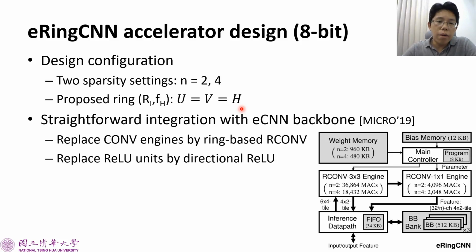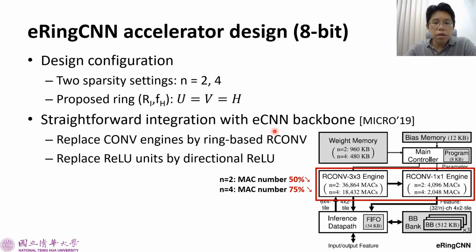Since we adopt algebraic sparsity, the integration into any existing accelerator architecture is very straightforward, and here we choose eCNN as our backbone because it is optimized for computational imaging. Then we can simply replace convolution engines by ring-based RConv here, and then replace ReLU units by directional ReLU here.